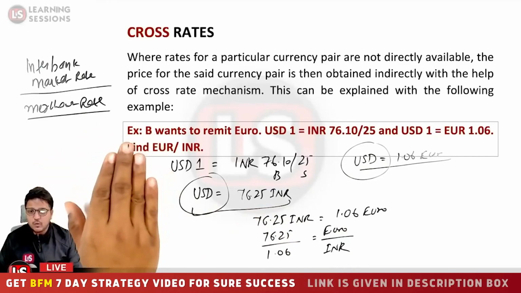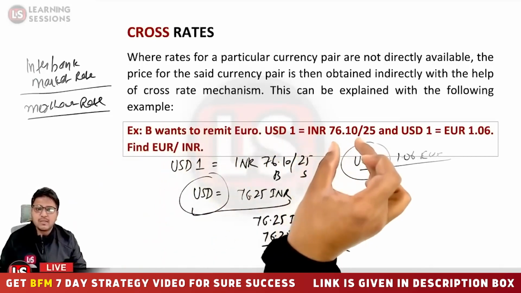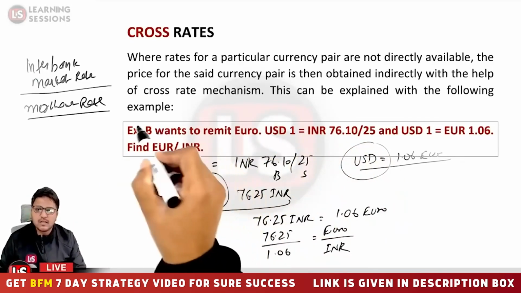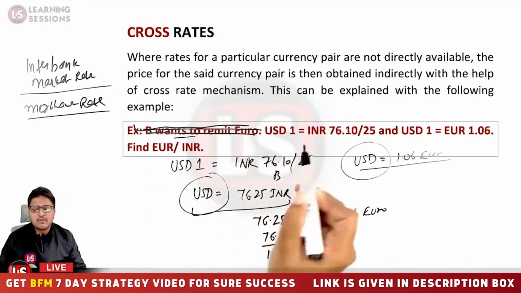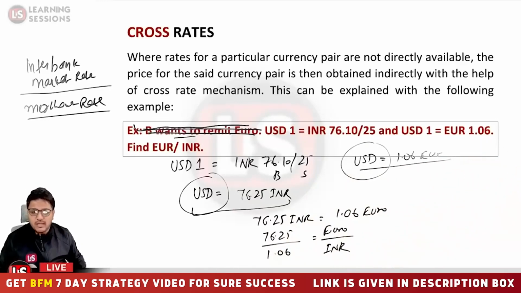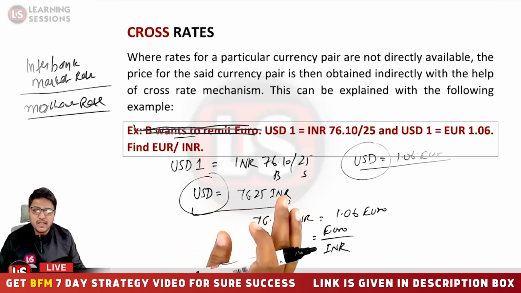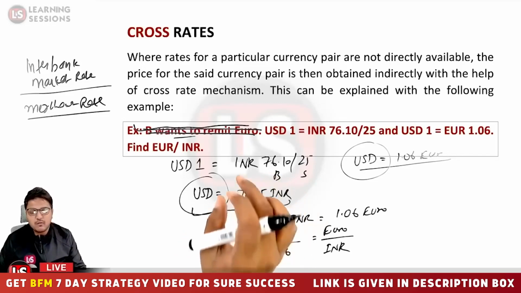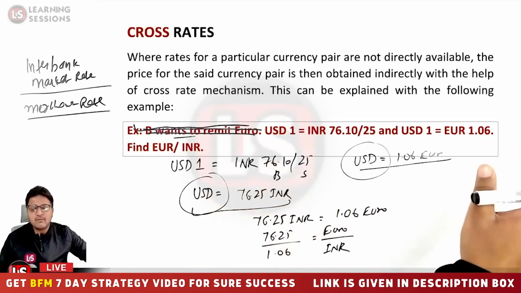Now B is not given to be a bank or something like that. If nothing is mentioned, simply we will be taking up the 76.10. So if we consider the other part where nothing is mentioned, where the first line is not given, and it is given that USD1 is equal to 76.10/25, and the USD to euro rate is given, in that scenario you will be just picking up the value related to 76.10, that will be the buying price at 76.10, and further selling at 1.06.